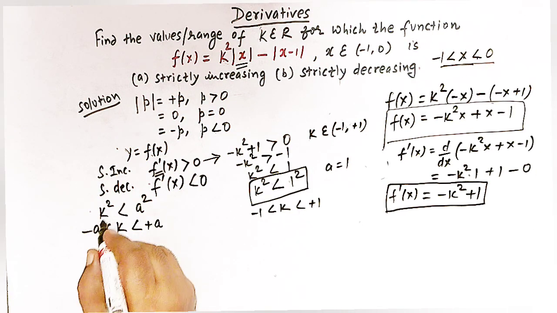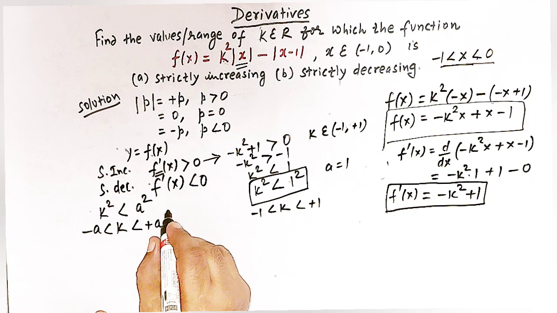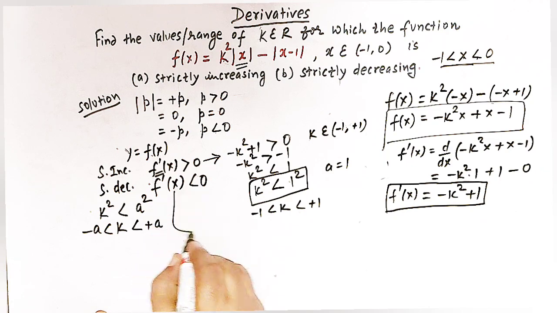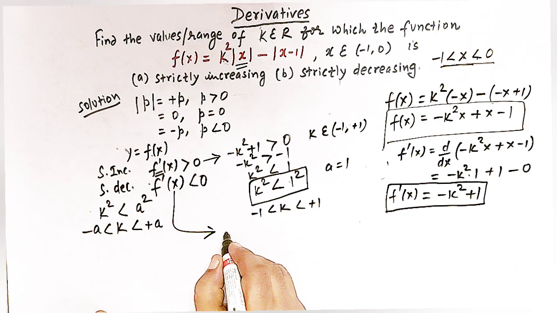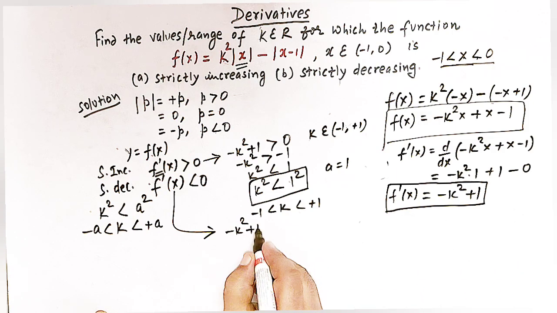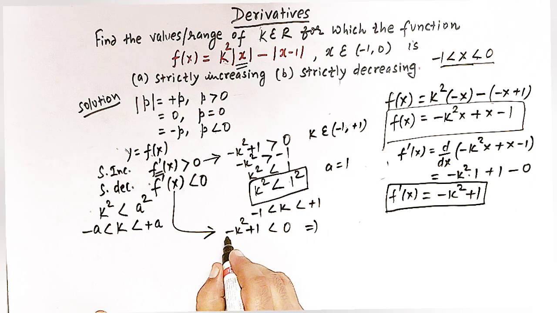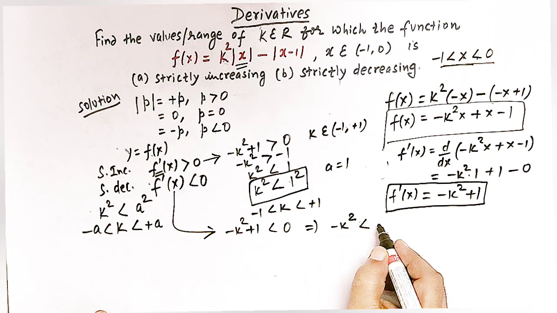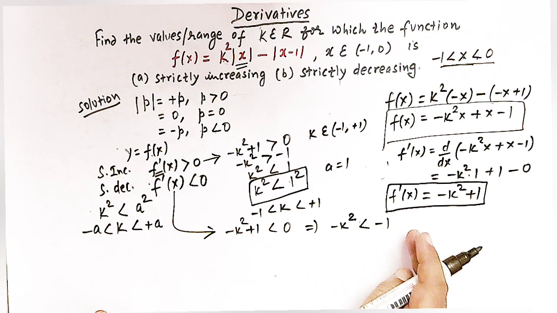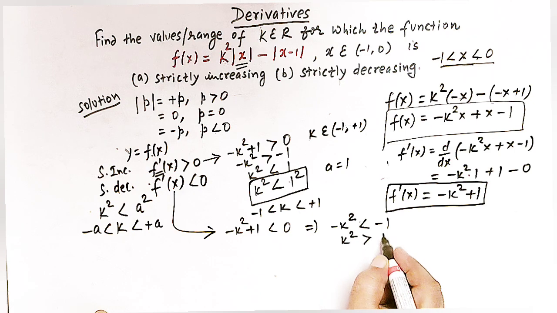So now in the case of strictly decreasing, we have f prime of x less than 0. So we can now substitute f prime of x is equal to minus k square plus 1 less than 0. So here we can now easily write minus k square less than minus 1. Again, multiplying both sides by negative 1, we have k square greater than 1.